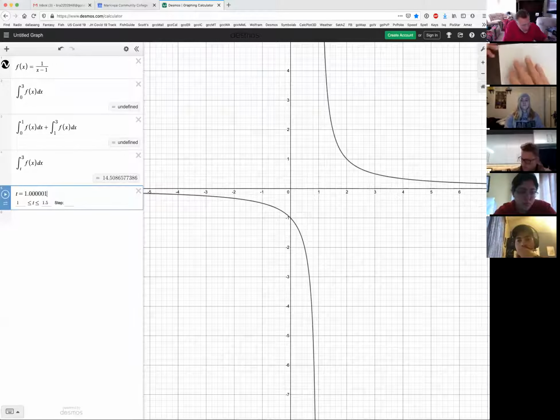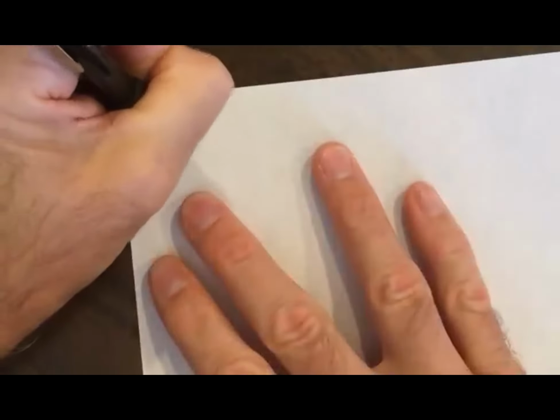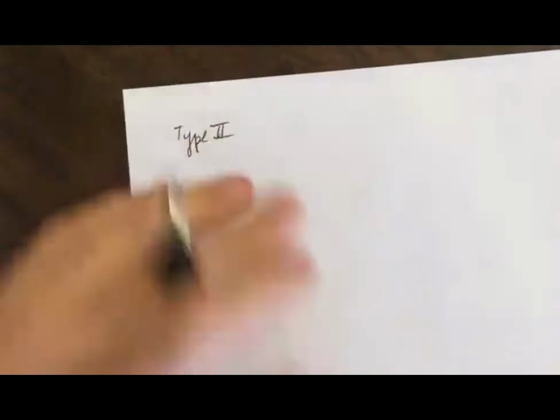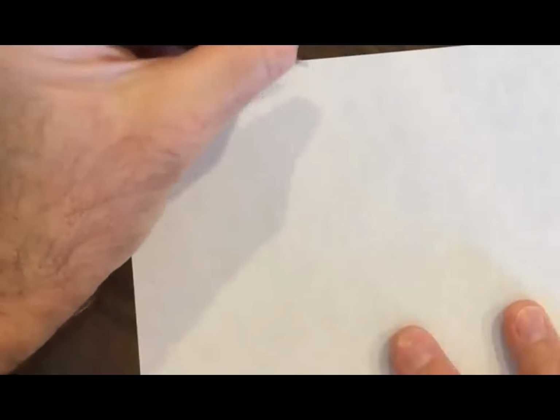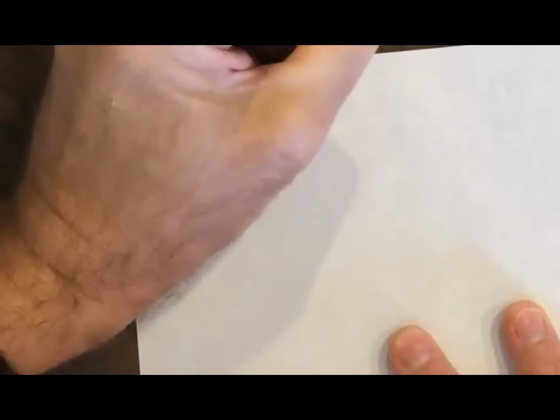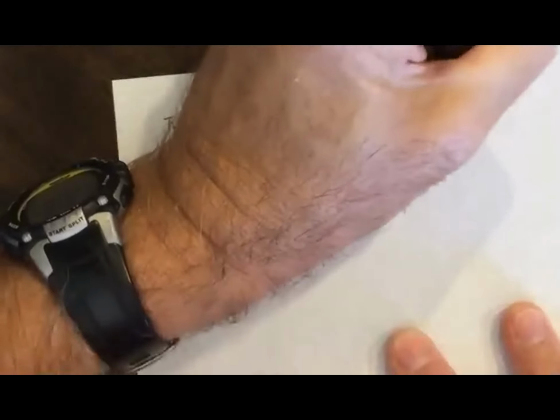So here we go, type 2. Okay, and here's the kind that we want to do. Suppose we have a vertical asymptote at x equals b.